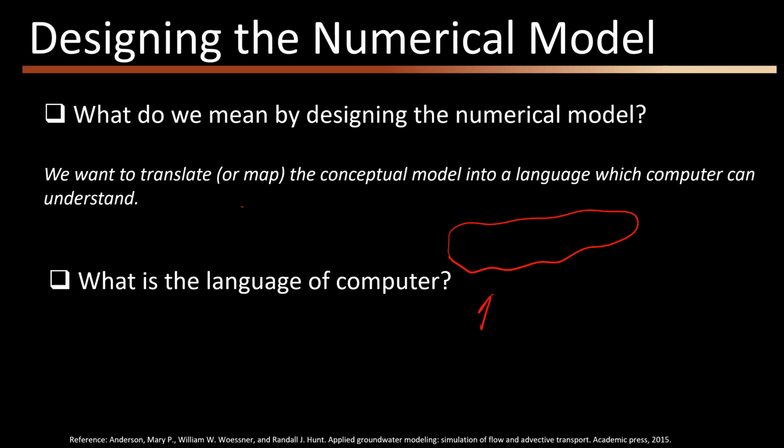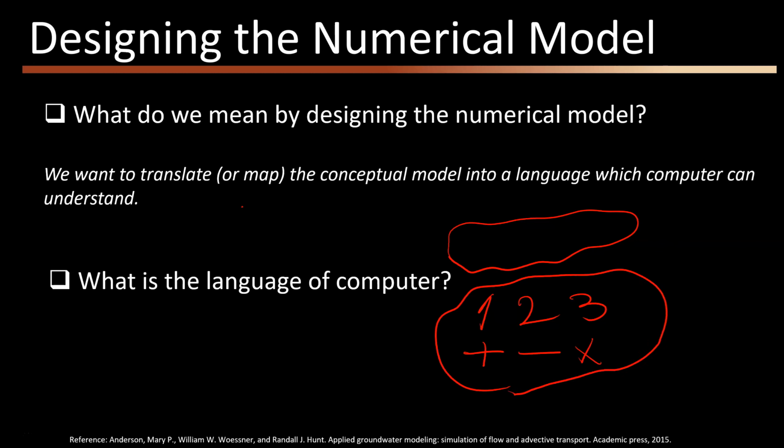Computers only understand numbers, and they can do very basic mathematics like adding, subtracting, multiplying. So what we want to do here is turn conceptual models into a form which is readable and understandable by computers.